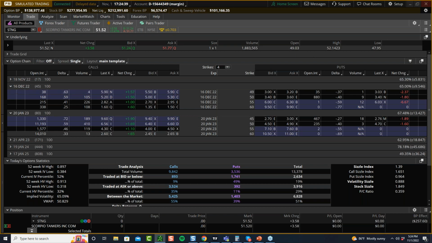The delta we're looking for is a 65 to 75 delta. 63 delta has a 38 open interest. The rules, we want 100 or more open interest. We want 100 or more, okay? So we're not going to go with that $49 strike. Not going to go with December, okay?